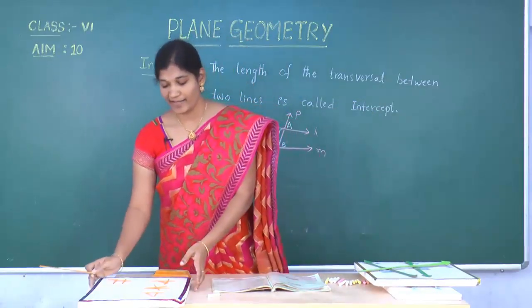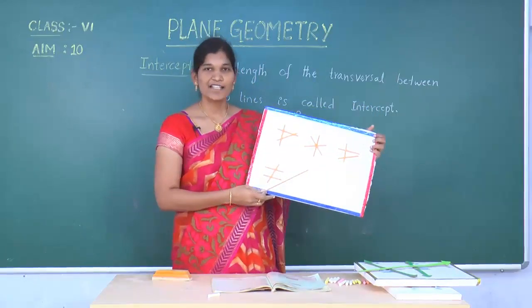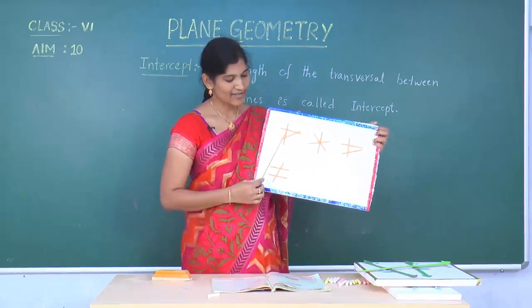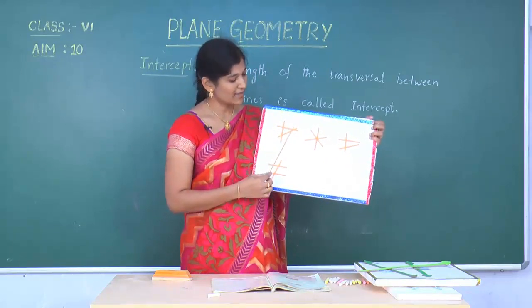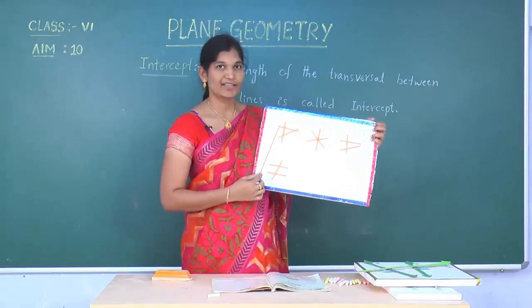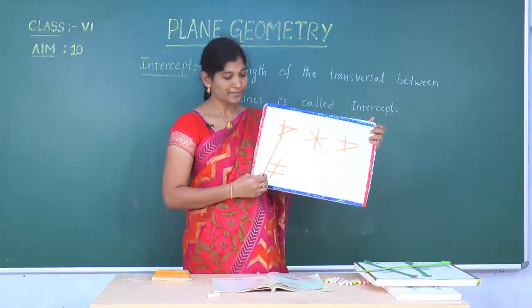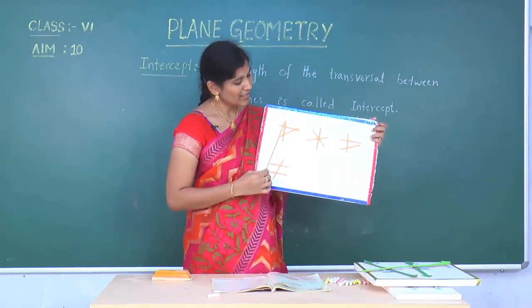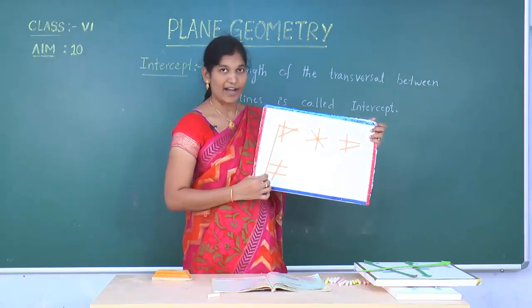Now identify the transversal among them. See these figures. Can you tell the transversal among these three lines? Yes, I already explained on the board. Each and every line among these three is a transversal of the other two.